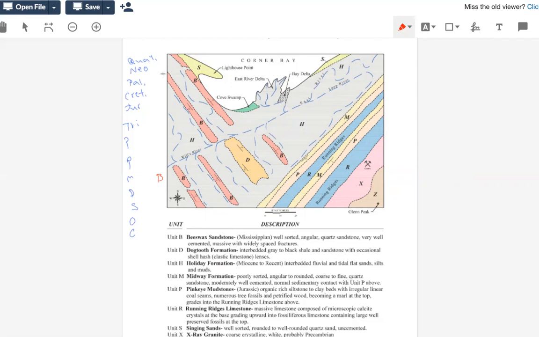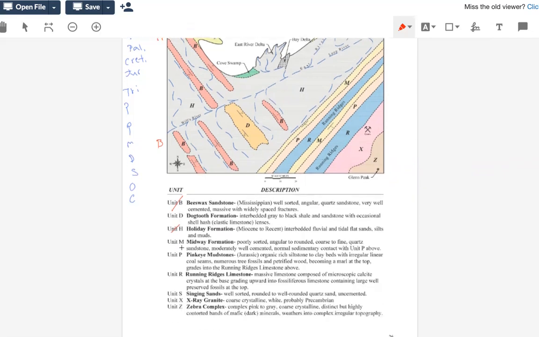So I can place H way up here. So I'm just going to mark these off as I've taken care of them, just so I don't spend time looking at them again. Midway formation is poorly sorted, angular to rounded, coarse sandstone, moderately well cemented, contact with unit P above. Okay, so it tells me it's in contact with unit P above it.